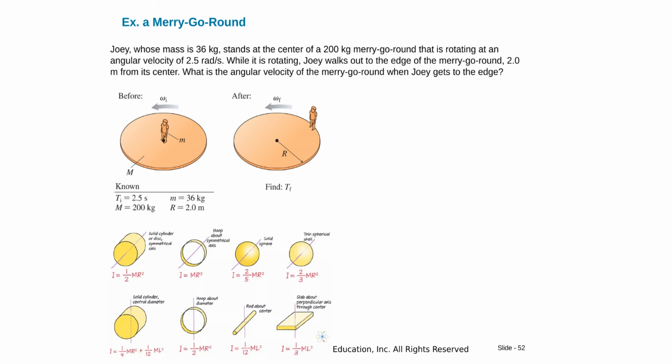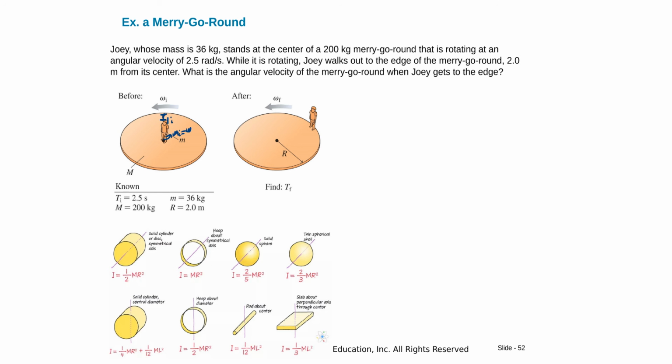What happens here is, again, the moment of inertia for Joey changes. We have two different objects here, the merry-go-round and Joey. I'm going to give them names 1 and 2. So let's call Joey 1. We have I1 initial, and omega 1 initial would be equal to omega initial because he's rotating together with the merry-go-round.